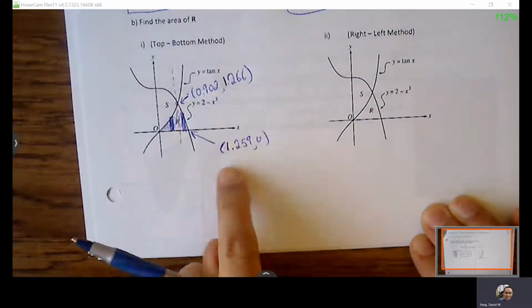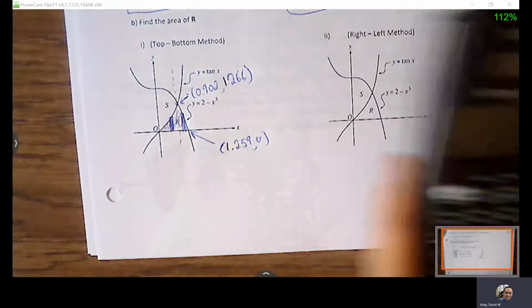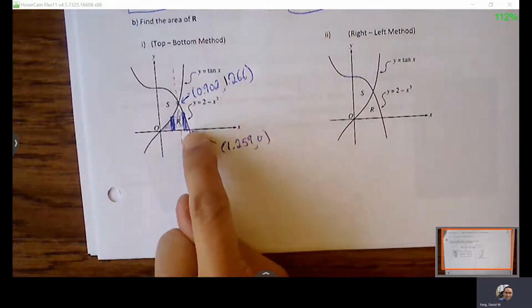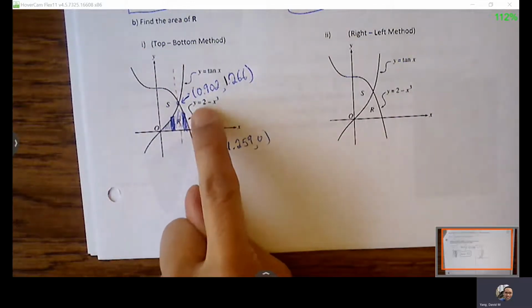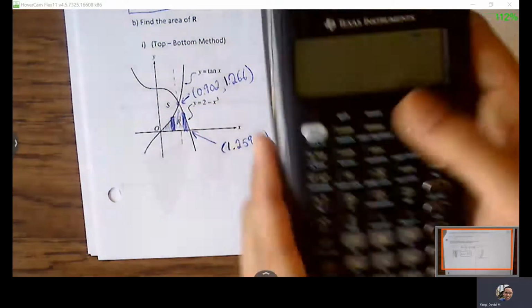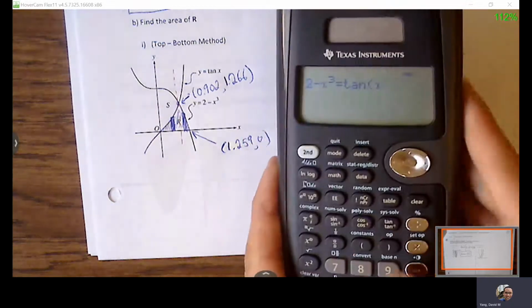Okay, I'm just writing out the full ordered pair there. That's the x-intercept, 1.259. You can also find the x-intercept using your scientific probe by setting 2 minus x cubed equal to 0. Basically you replace the 0 with x and solve for x. So we do num solve here, second sign to get to that num solve.